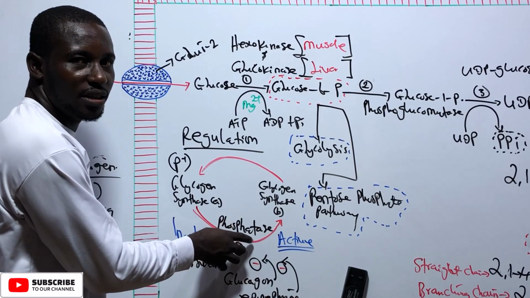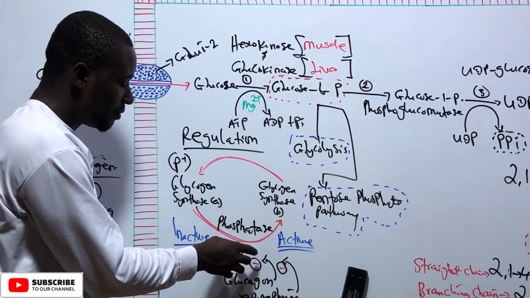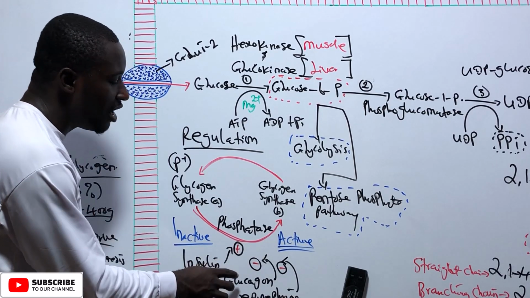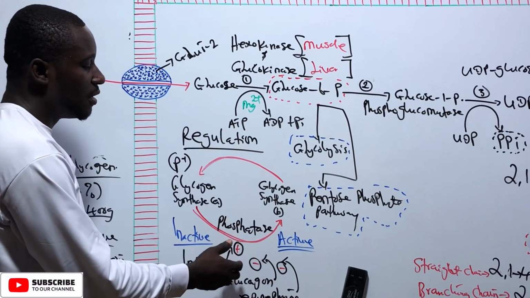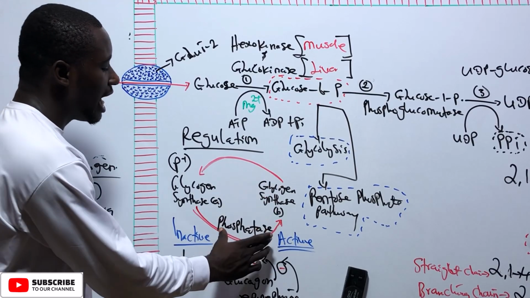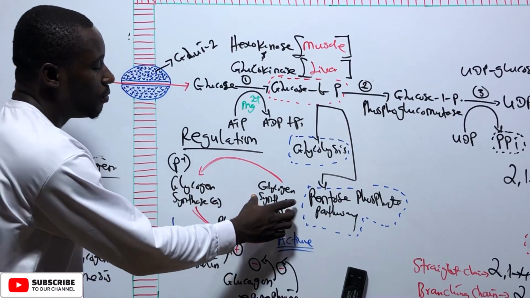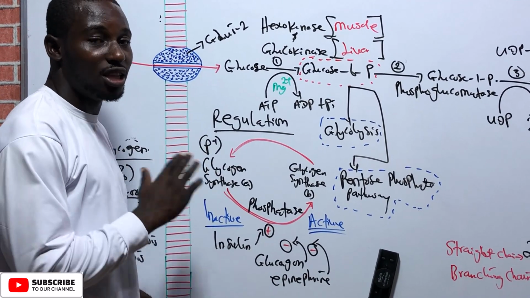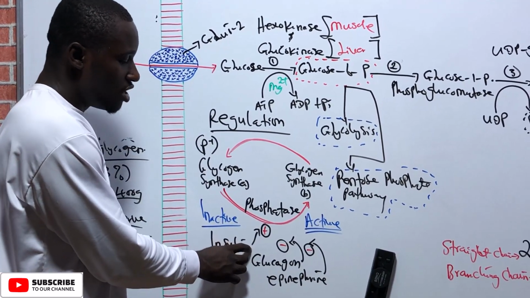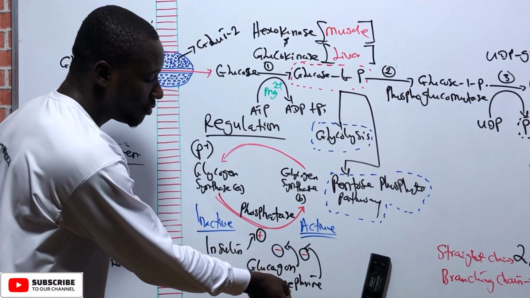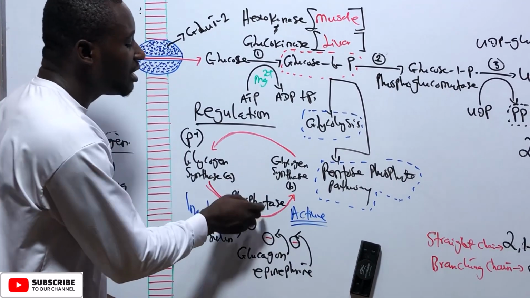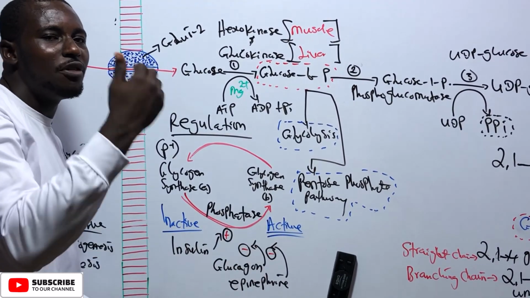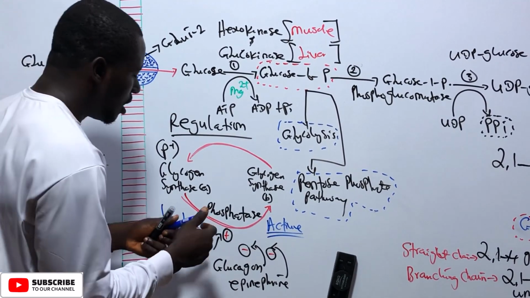It is a very profound hormone that regulates this enzyme. So it helps this enzyme to keep glycogen synthase in a dephosphorylated state. That is the work of insulin. Whereas glucagon and epinephrine tend to inhibit this enzyme so that it will not keep glycogen synthase in a dephosphorylated state.